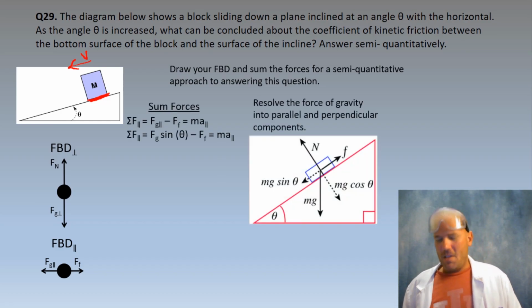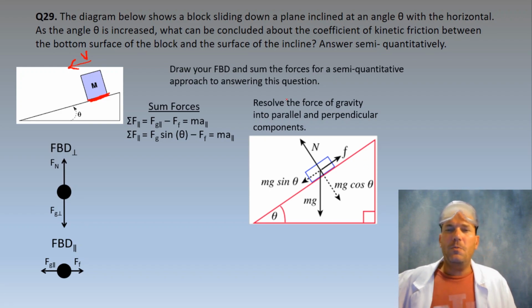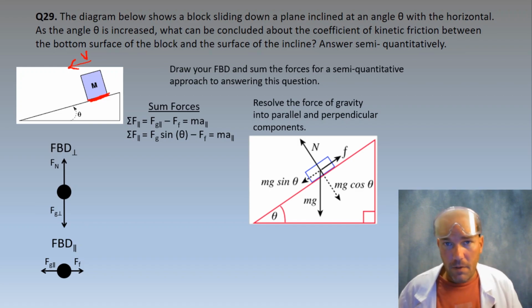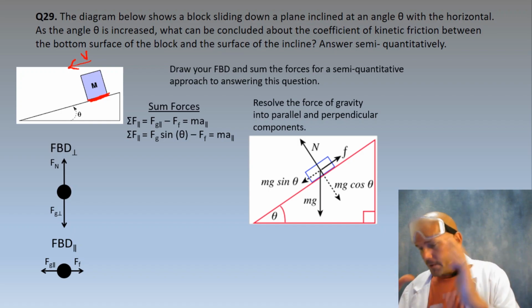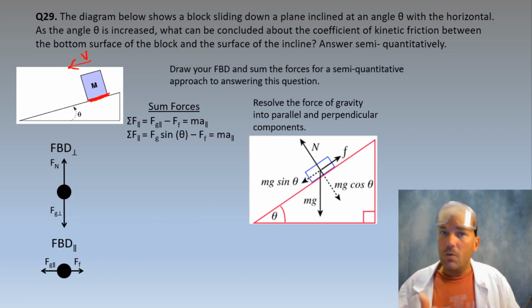Okay, so I've shown you this in class. If we were to resolve the force of gravity, and you would never do a free body diagram, I want to make this clear, with resolved and unresolved forces on it. You draw the free body diagram once with unresolved forces, then you draw the free body diagram again, resolving any forces into their x and y or perpendicular and parallel components.